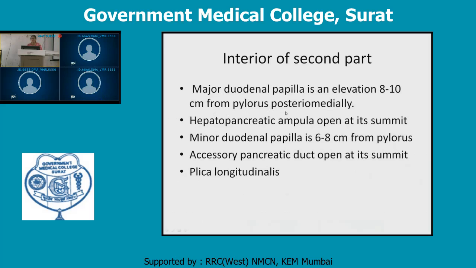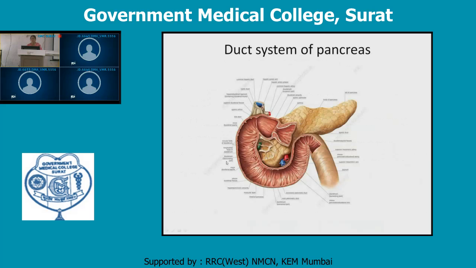I will show you this diagram posteromedially. You can see here transversely running mucosal folds, and here you can see the two openings. This is the major duodenal papilla, 8 to 10 centimeter from pylorus, and 2 centimeter proximal to it, 6 to 8 centimeter from the pylorus, is the minor duodenal papilla.